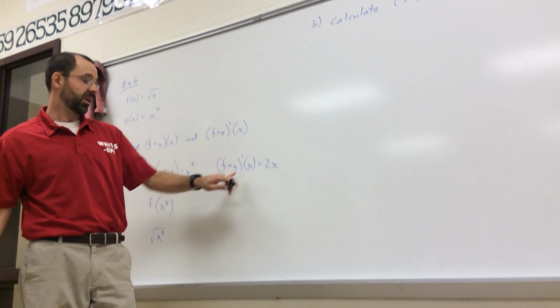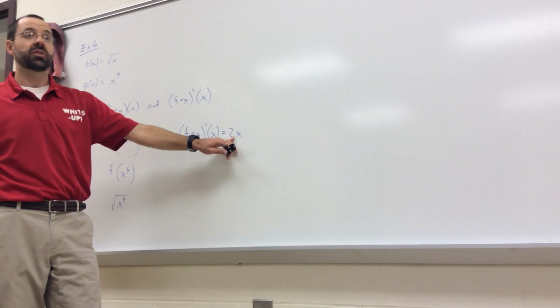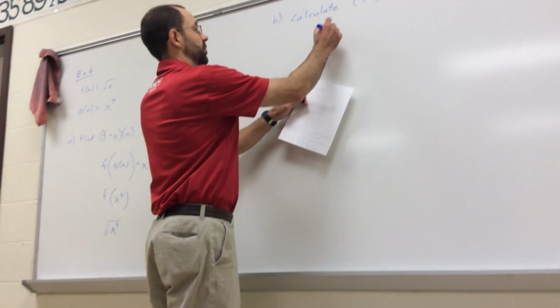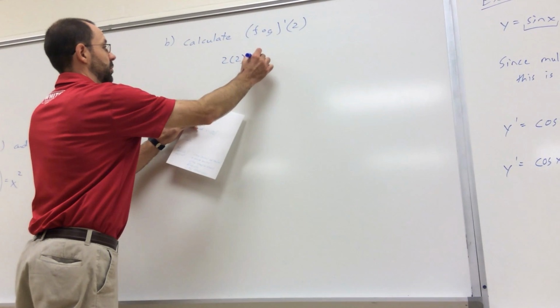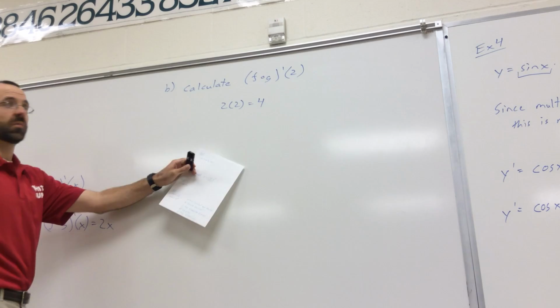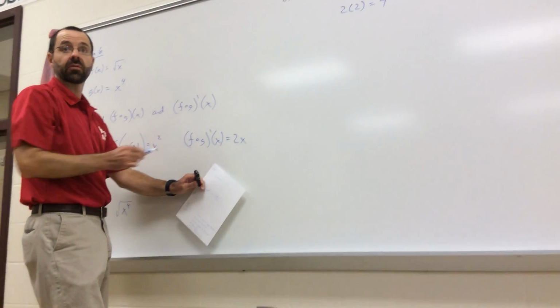So here I figured out what f of g prime was, right? So now I just need to plug 2 into it. So that's 2 times 2, which is 4. So all I did was take that 2 and plug it into this function I figured out from before.